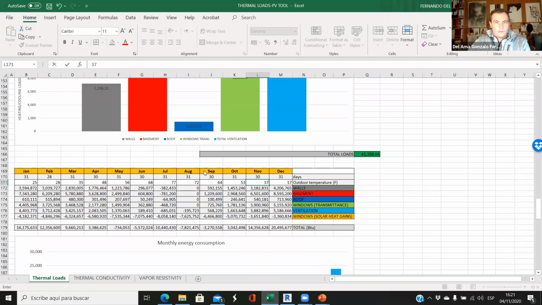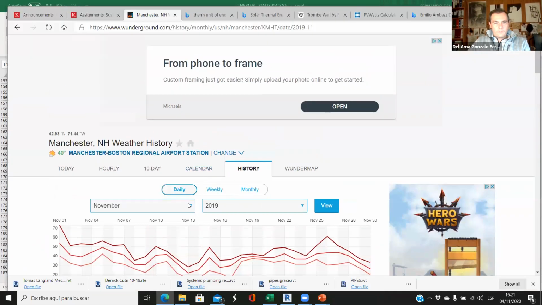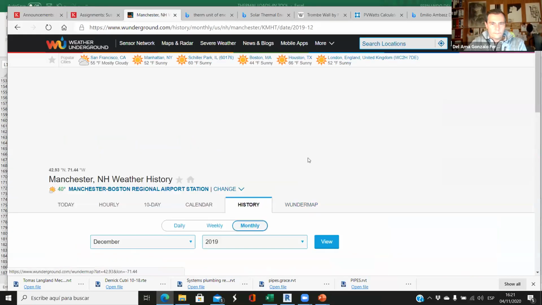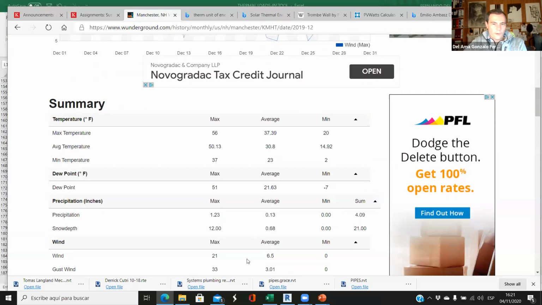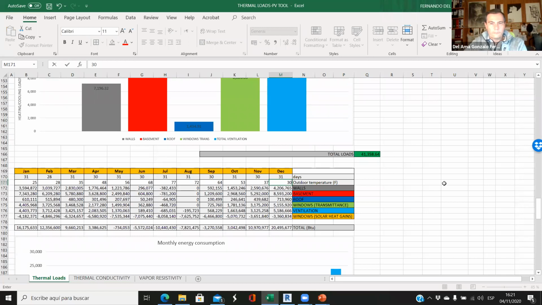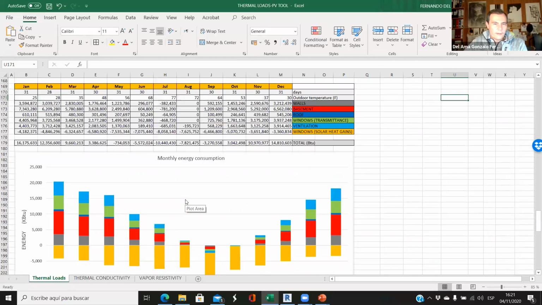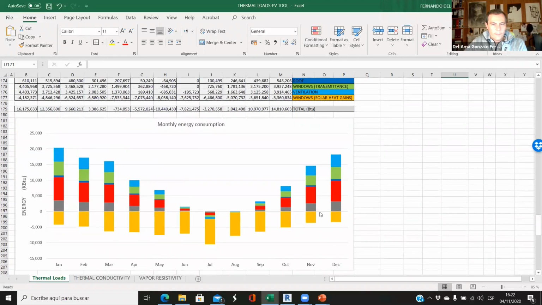And December, 30. Okay, so now looking at this, and especially looking at this graphic, we have an idea of what we need.